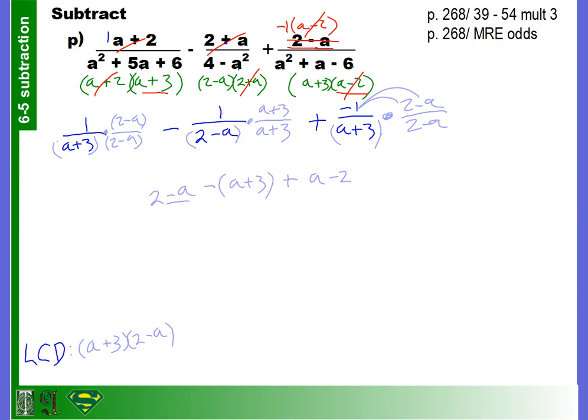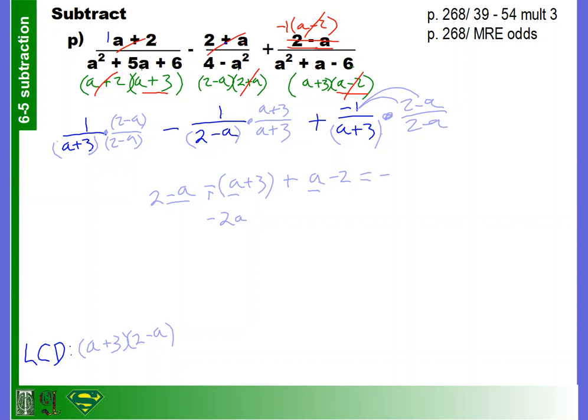Now let's combine the similar terms. I have negative a minus a, which is a grand total of negative 2a. Negative 1 minus 1 is going to be negative 2. So we have negative 2a, and then we have plus a. What's negative 2a plus a? It's just negative a.